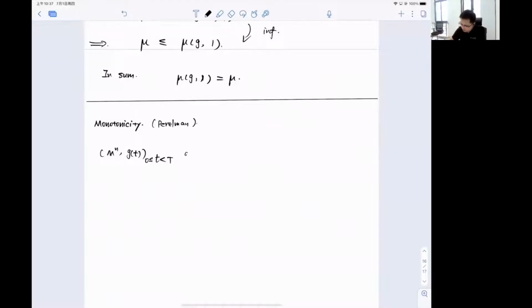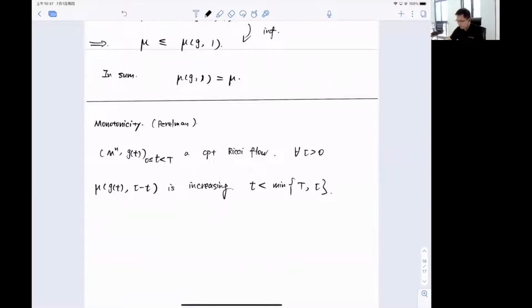Then Perelman shows that for any scaling factor tau, the entropy mu(g(t), tau minus t) is always increasing for any t less than the minimum of capital T and tau.